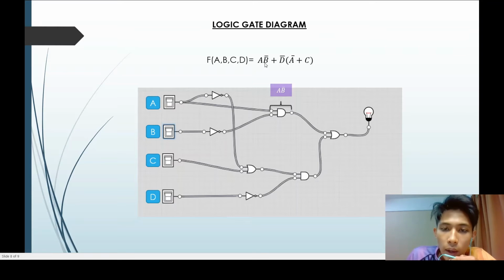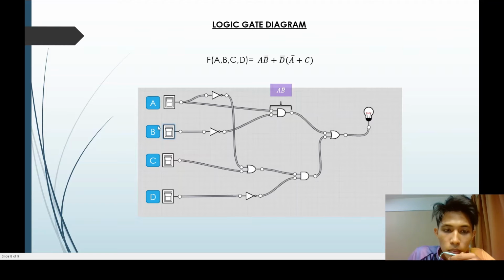When it is times, it refers to the AND gate. The AND gate is like this one, curved, and then the back is straight. So for this AND gate, the inputs are A and B bar. The first input here is connected to A, and the other one will be B bar.